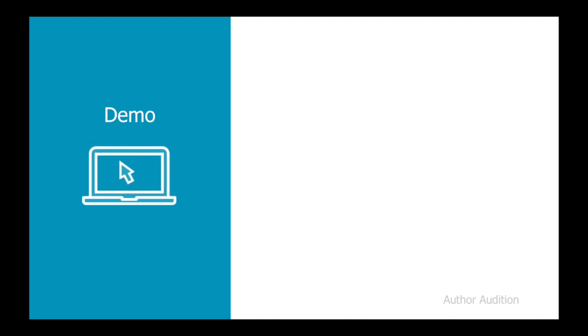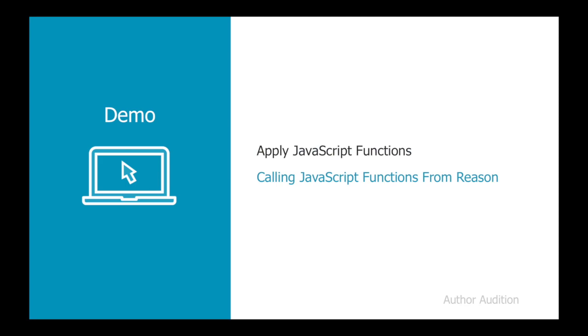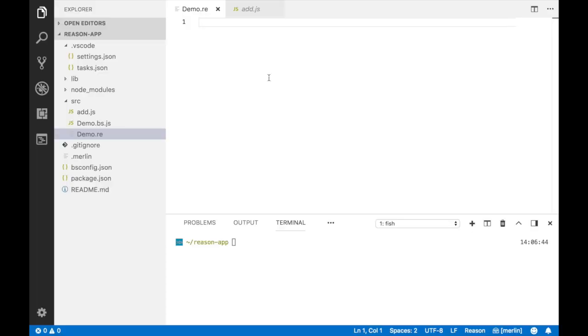Now we're gonna learn how to apply JavaScript functions on Reason data structures and also call JavaScript functions of other files from Reason. In this demo, first we are gonna begin with creating an array list.